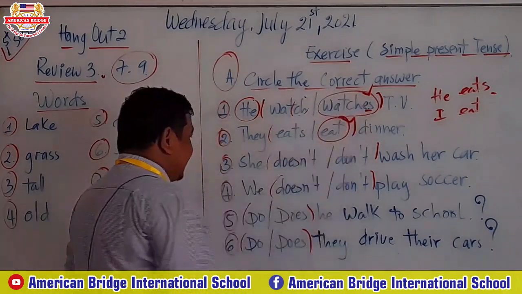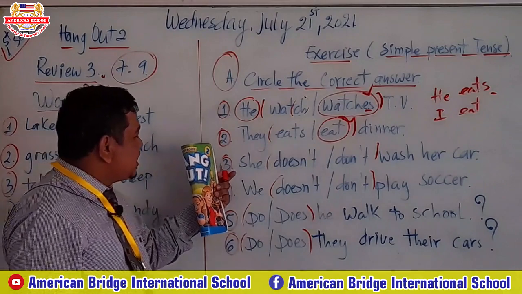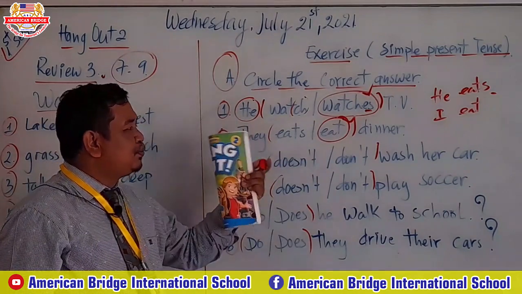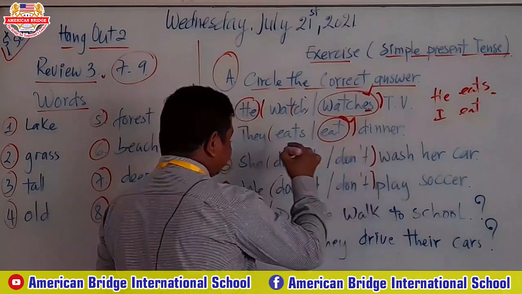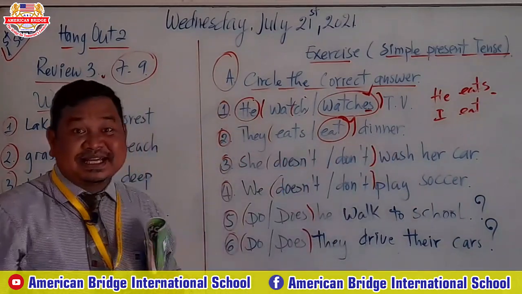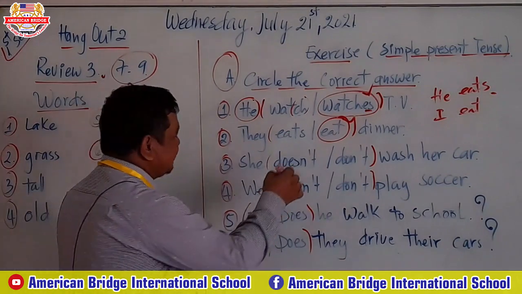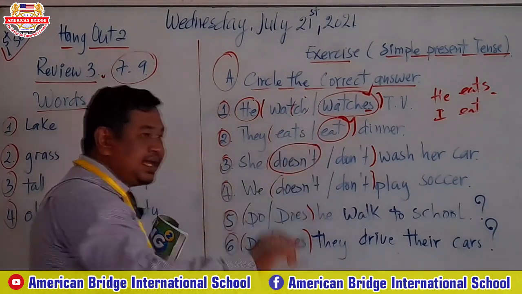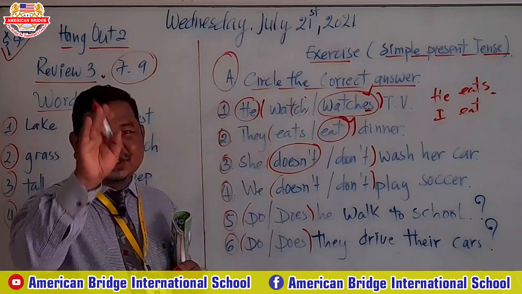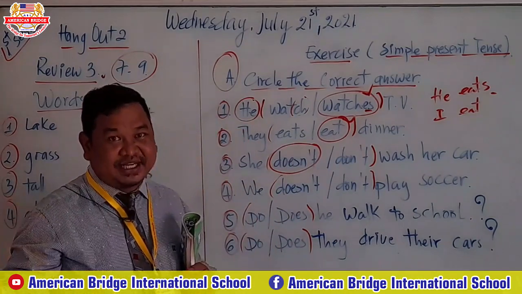Okay, so now student, between "she doesn't" or "she don't" wash her car. Which one, student? She doesn't or she don't? It should be she does. Yes, she doesn't comes from she does not. As I have told you already, does goes with he, she, it, or a singular subject, right?